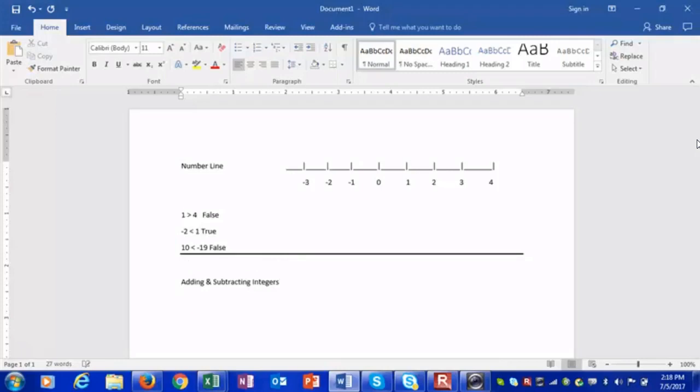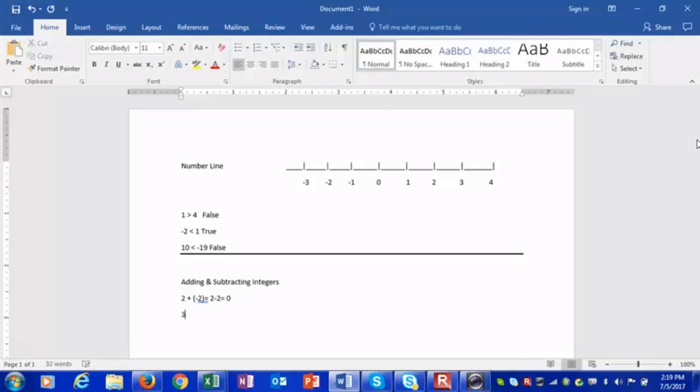So, let's look at some problems and see what we know based on positive and negative numbers. For example, 2 plus -2. Of course, we have 2 different operations going on. So 2 plus -2, you could actually say 2 minus 2. And that is the equivalent of 2 minus itself. 2 minus 2 is 0.